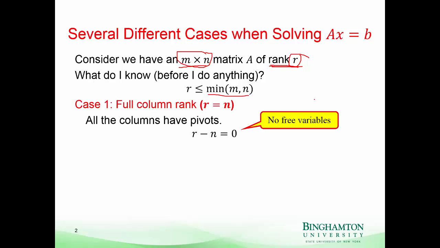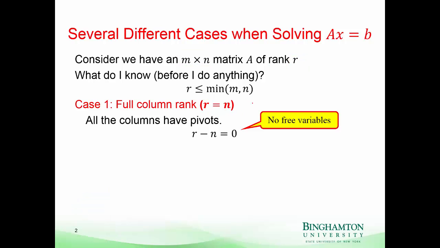So let's talk about full column rank, that's what we'll talk about in this case. So the rank r is equal to n. So what do we know immediately about this? Well, we know that n must be greater than, I'm doing it the wrong way. Let me back this up.